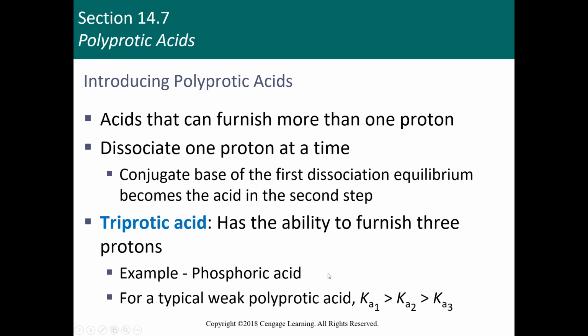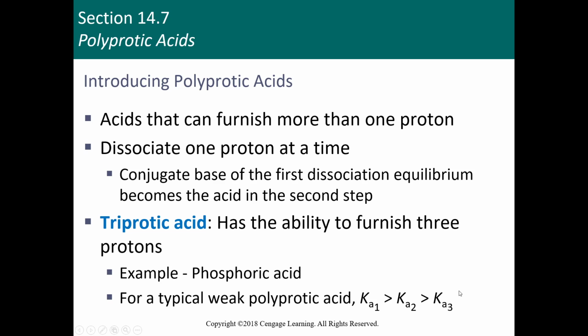So this would have to be an extremely unusual case. The first proton that comes off is going to be your largest Ka. That's going to be the easiest one to remove. The second proton that comes off, that's going to be much harder. And so your second Ka is usually much smaller than that, significantly so. And then if you have a third proton to come off, that's usually going to be even smaller.